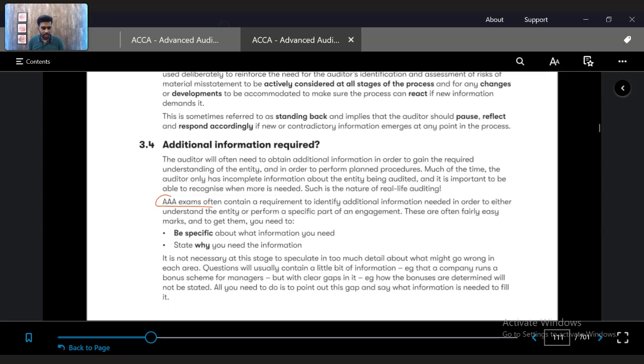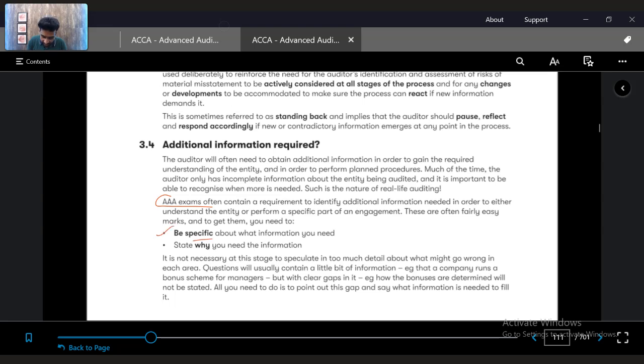What do you do when you are auditing and need more information? You ask the client. Similarly, when you are writing the exam, you will be asking the client. You need to write the information that is required when you are answering your paper.